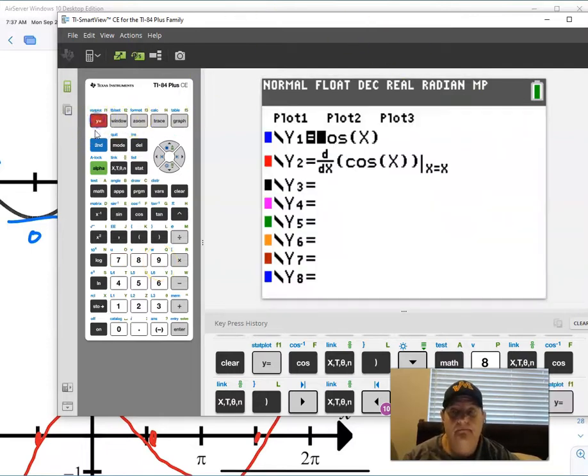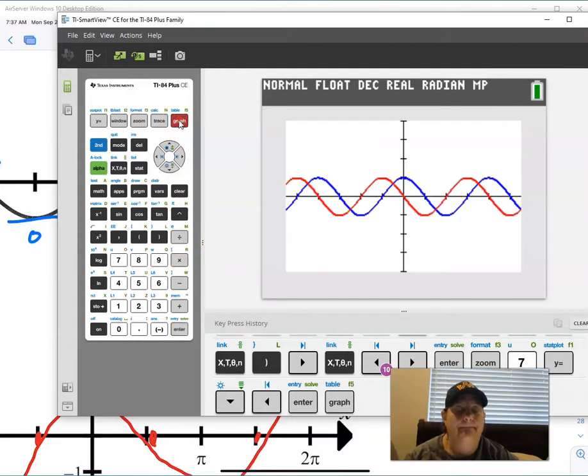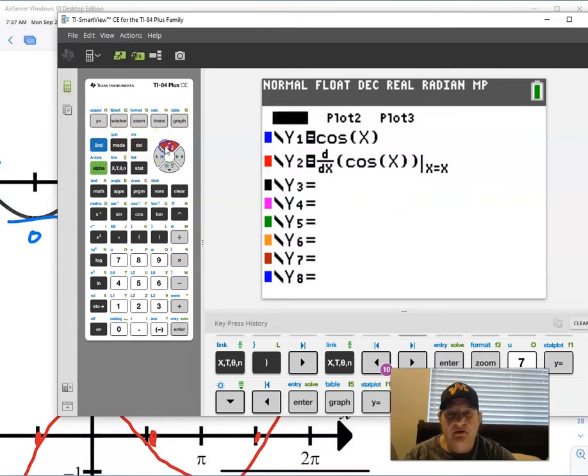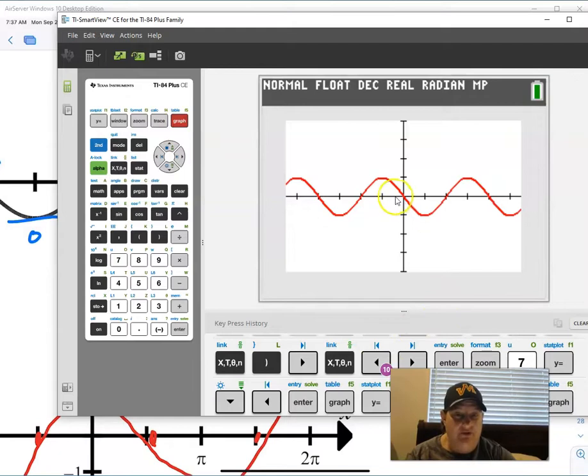All right. Now let's turn this on and let's look at what the derivative is. If you guys can guess what you think it'll be. All right, there's my derivative. Now, let's go ahead and turn off the cosine just so we can see this a lot better here. What graph is that? It goes through 0, 0. Looks like a sine graph, but here's the thing, you guys.